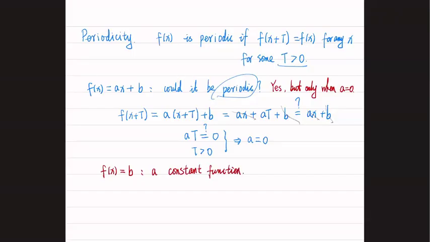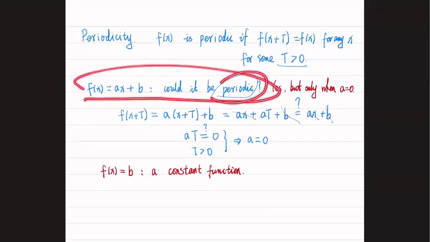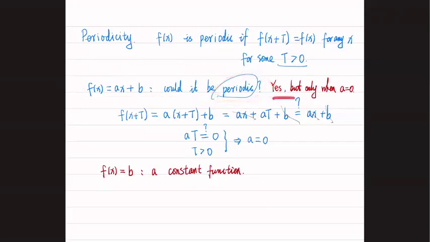The value doesn't change, so we call it a constant function. So for the linear function to be periodic, it must be constant. So it's very rare.